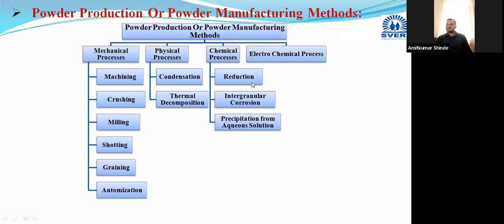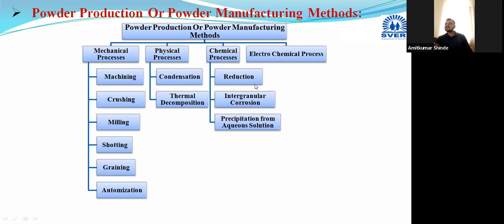If the reaction is done in the presence of carbon, the carbon combines with the oxygen and tungsten gets separated, obtained in the form of powder. In the same way, tungsten powder can be manufactured from tungsten oxide, WO2, and the reducing agent may be carbon or hydrogen.